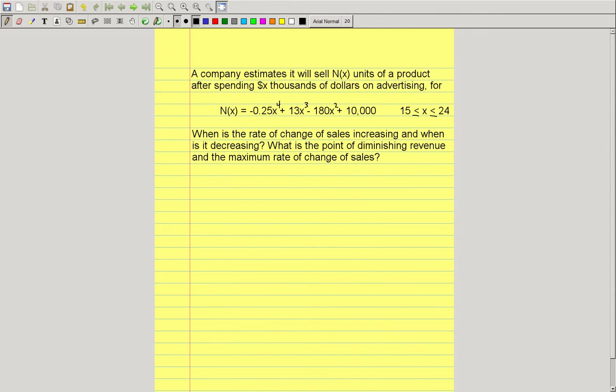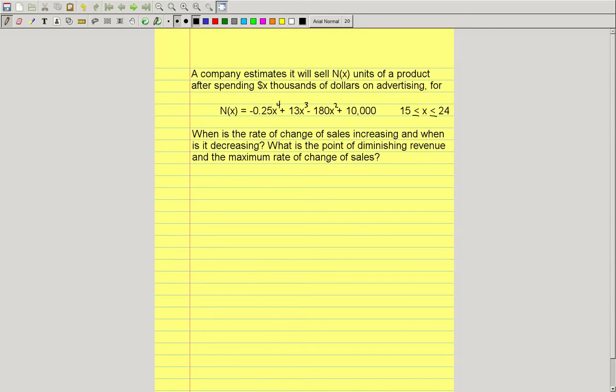A company estimates it will sell N units of a product after spending X thousands of dollars advertising. The function which describes the amount of units sold is given as N of x equals negative 0.25x to the fourth power plus 13x cubed minus 180x squared plus 10,000 in a range of $15,000 spent on advertising to $24,000 spent on advertising.